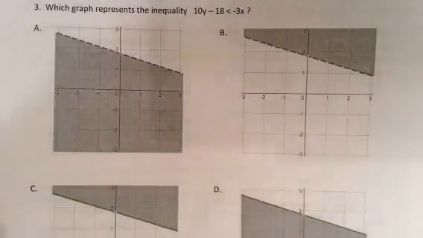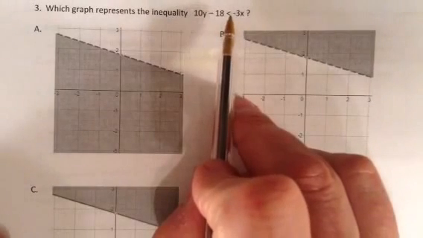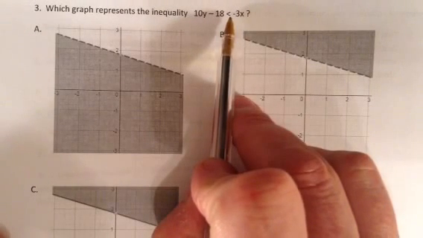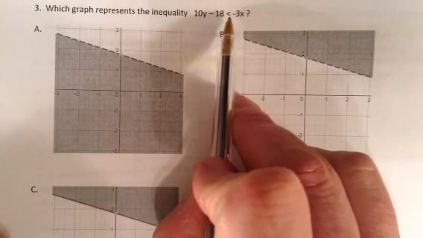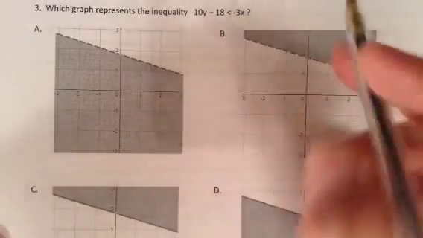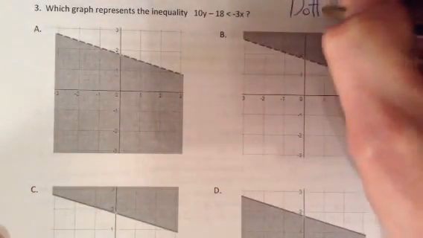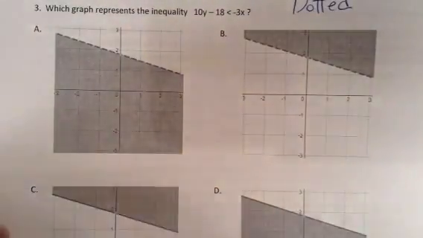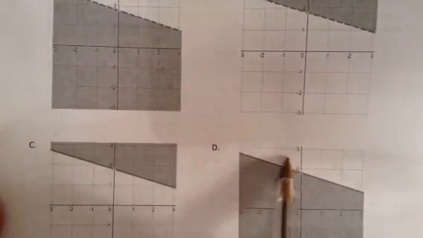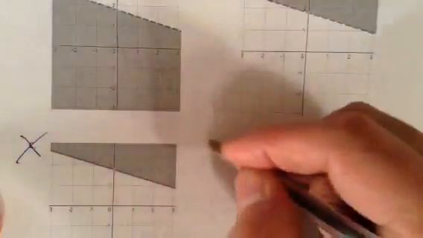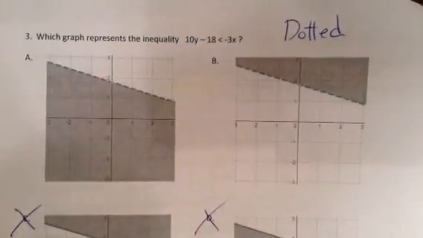I must be doing a really thorough job. Okay, so if we look at this sign right here, it's less than. Is that a solid or dotted? Less than. It's dotted. I know this problem has to have a dotted boundary. Well, A has a dotted line, B has a dotted line, but look at C and D. They do not. Boom. You're gone.